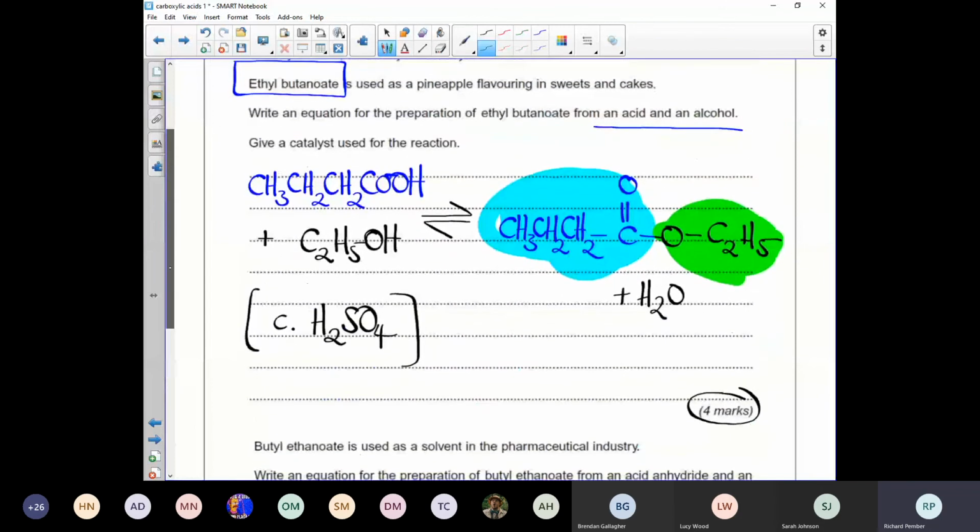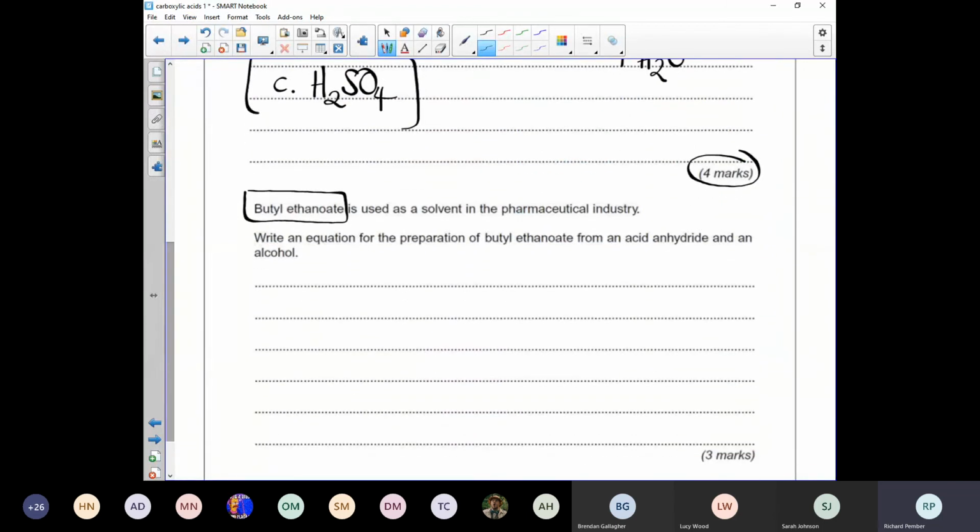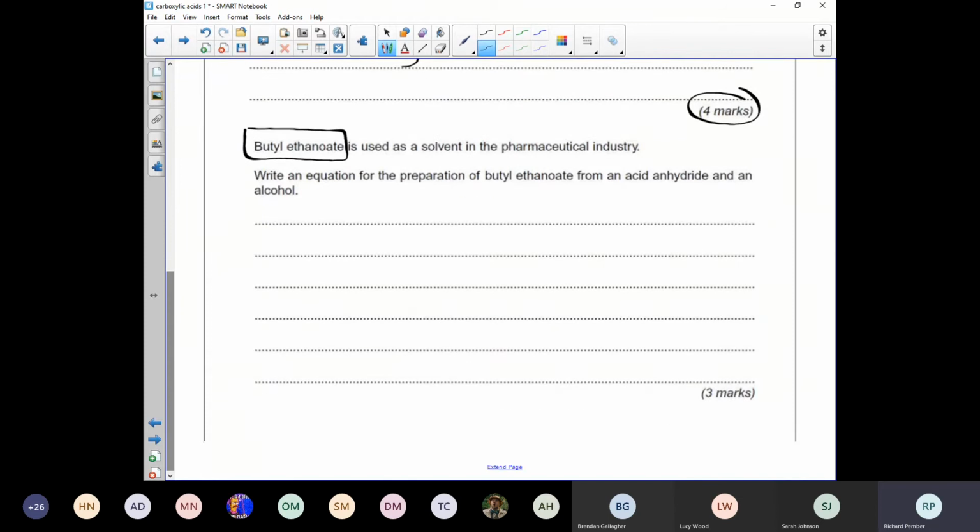Butyl ethanoate. So note our ester is the other way around now. So I've got butyl as the alcohol. Write an equation for the preparation of butyl ethanoate. Right, I think what I'll do this time, I'm going to draw it skeletally. So 1, 2, 3, 4.